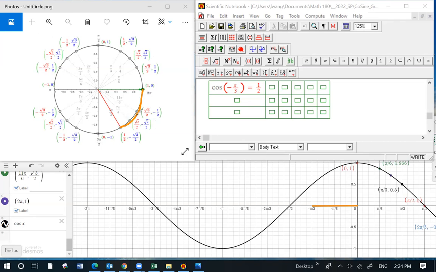So this arc length is going to be the same as this straight line, the same length, but a negative number, negative pi over 3. So for cosine of negative pi over 3, the input is negative pi over 3, the output is half, and the red value is this piece, which is the same as this piece.